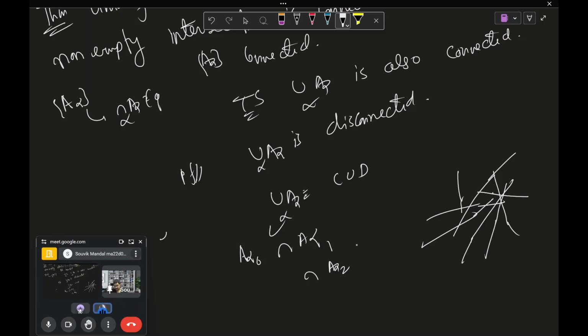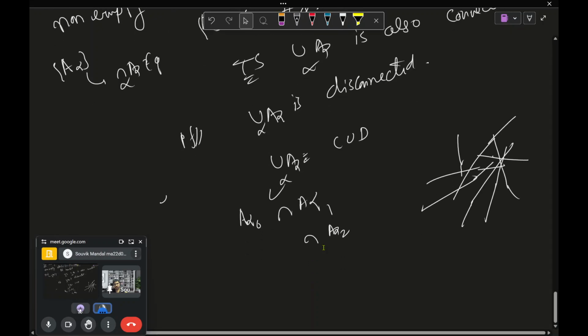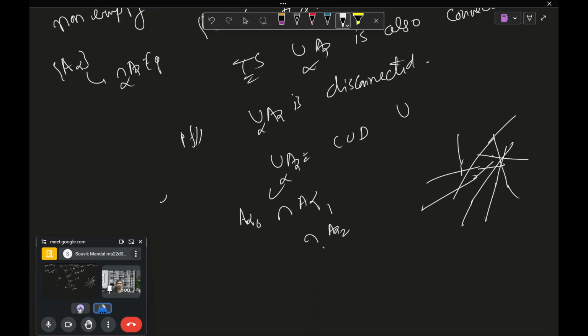You take on the right hand side the union of all the A alpha except for the one on the left, alpha naught, and you intersect that with A alpha naught, and none of those can be empty.